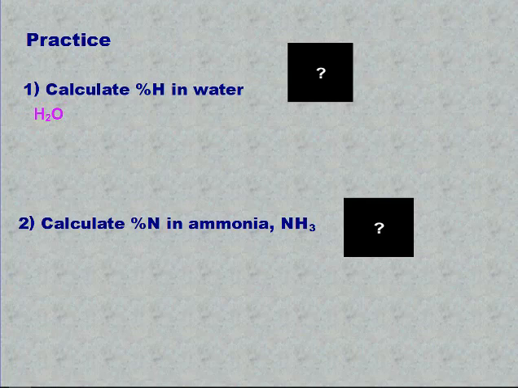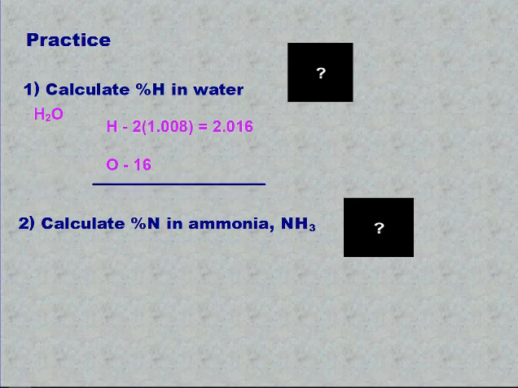Then we need to find the molar mass of each of the elements found in water. We have 2 hydrogens, each at 1.008, and 1 oxygen at 16. So if we add these up, that gives me a total molar mass of 18.016.